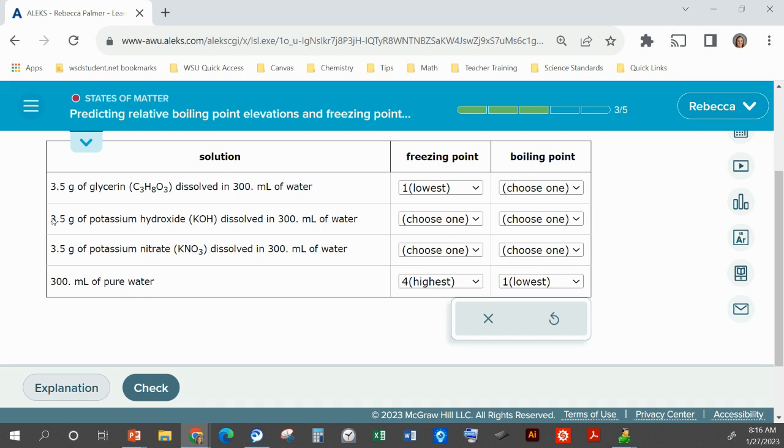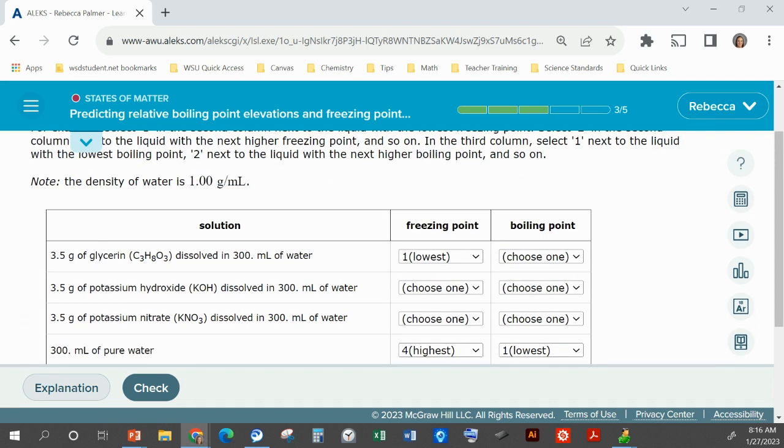We need this to be in kilograms. If we look right here, it tells us the density. So the water density is, for every 1 milliliter, we have 1 gram, right? That's right. So milliliters cancel, it's just 1 to 1. So for 300 milliliters, I have 300 grams of water.